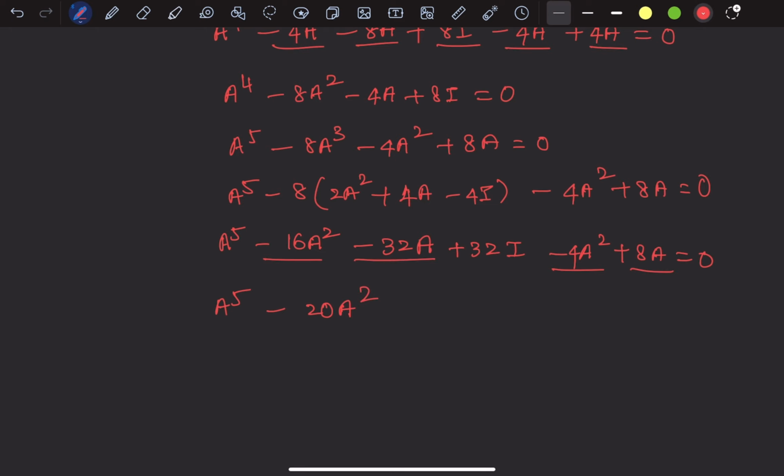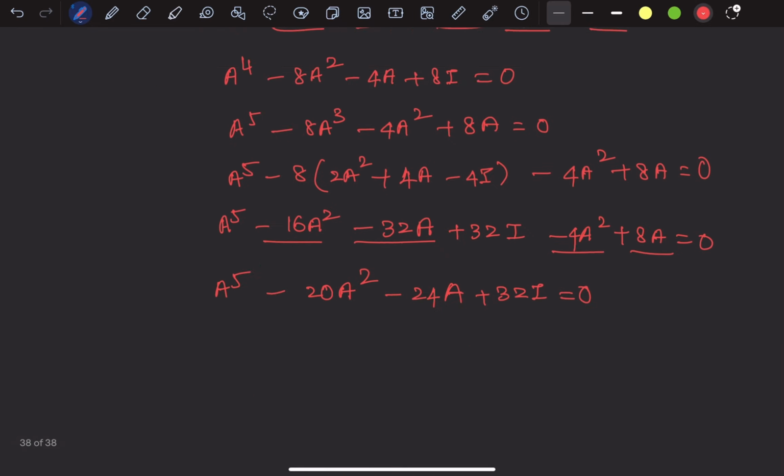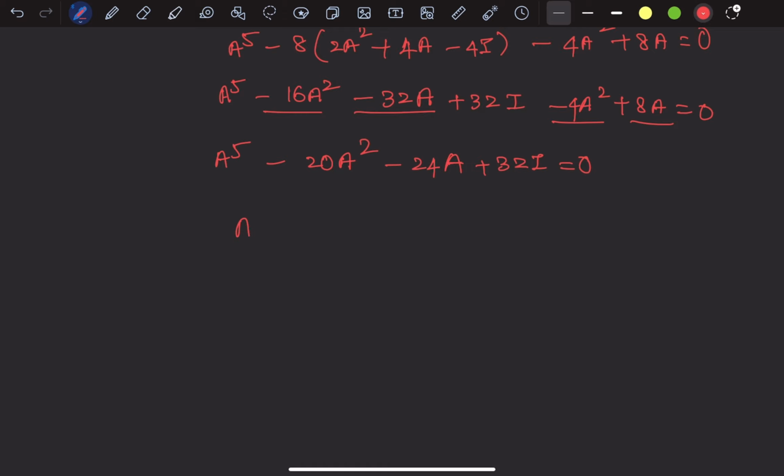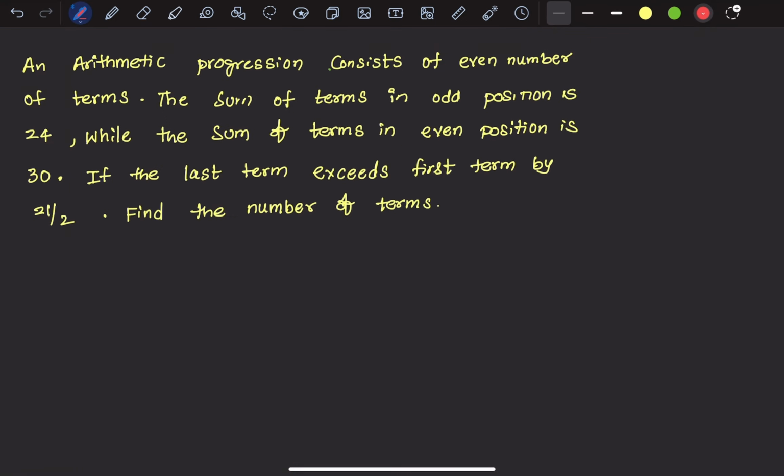Minus 32A plus 8A is minus 24A, plus 32I is equal to 0. Now A to the power 5 is 20A square plus 24A minus 32I. So this is alpha, this is beta, and this is gamma. You can find out alpha plus beta plus gamma.